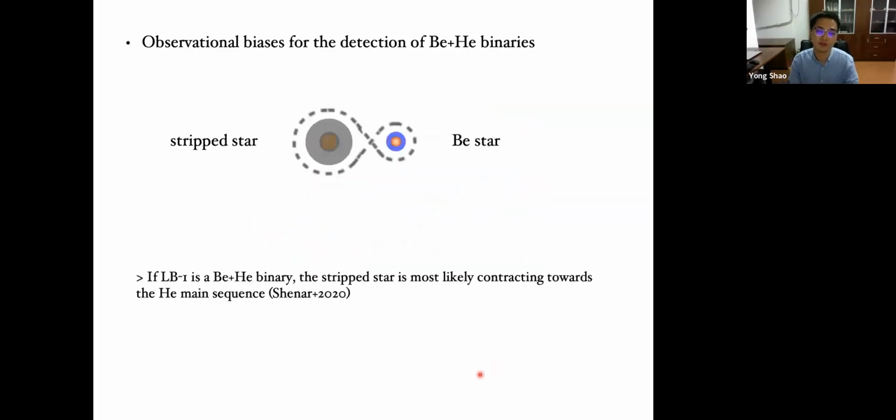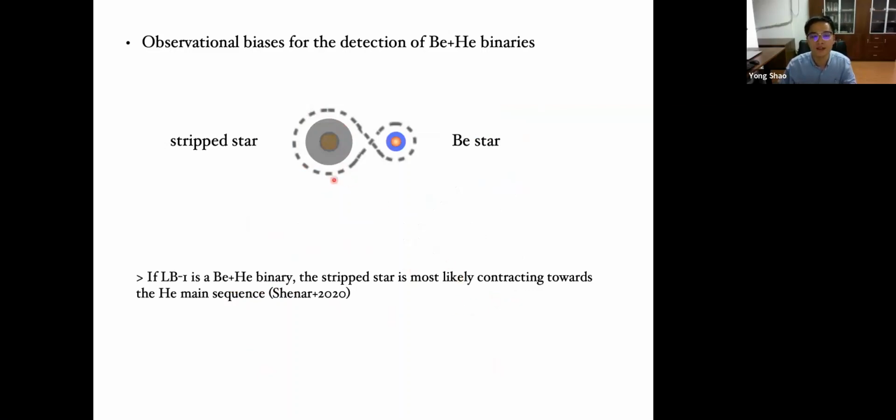And in addition, if FB1 is a B plus hidden star binary, the stripped star is most likely contracting towards the hidden mass sequence.